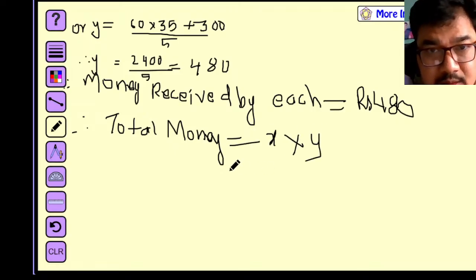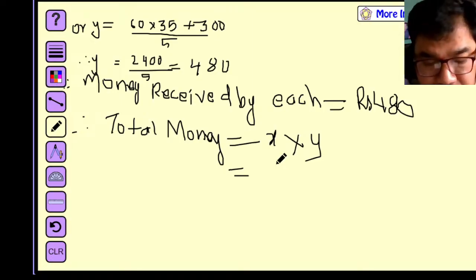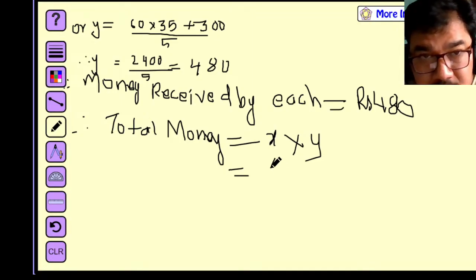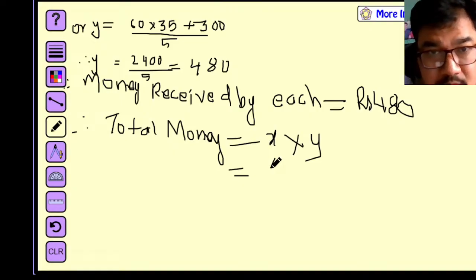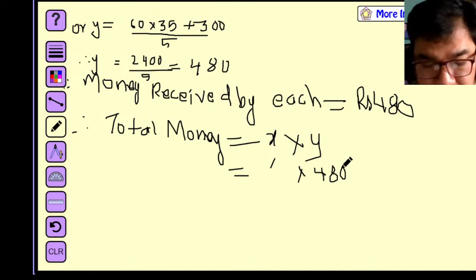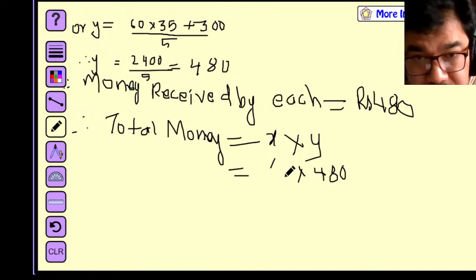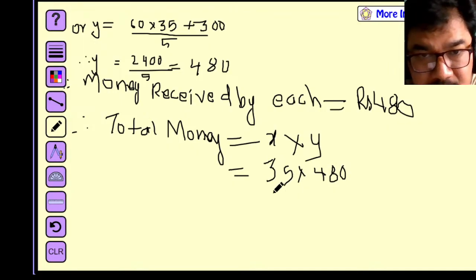The y value was 480, and the x value was 35.